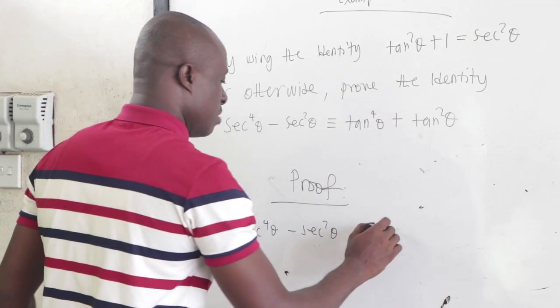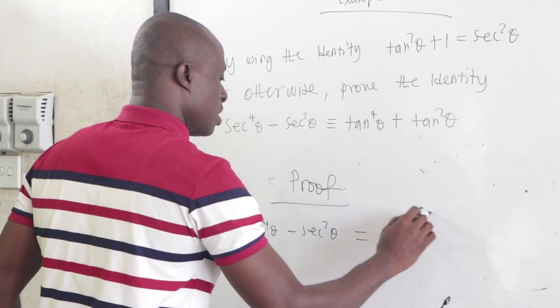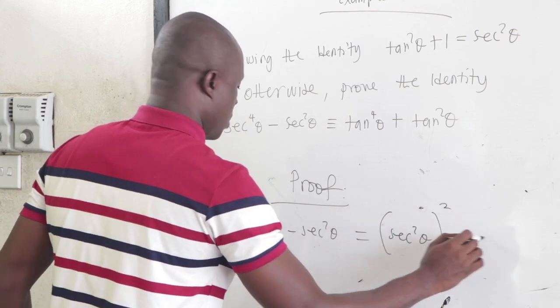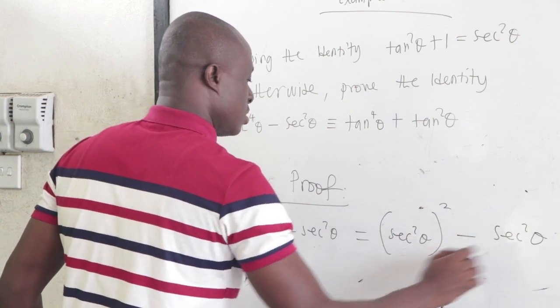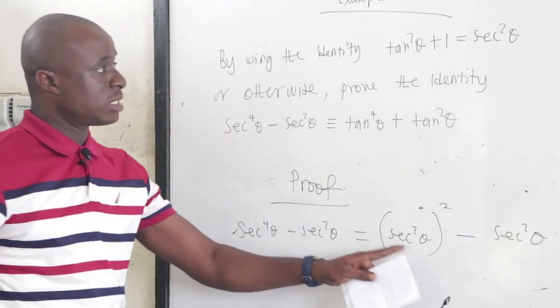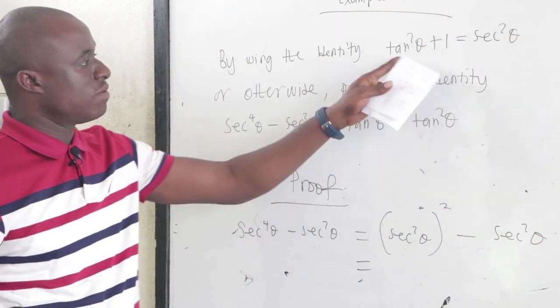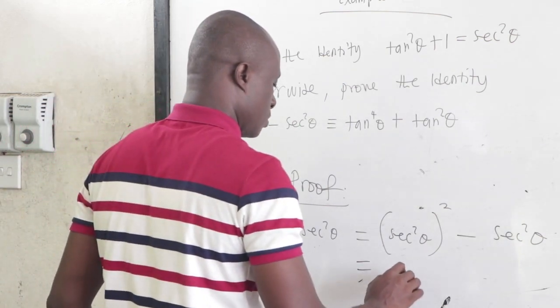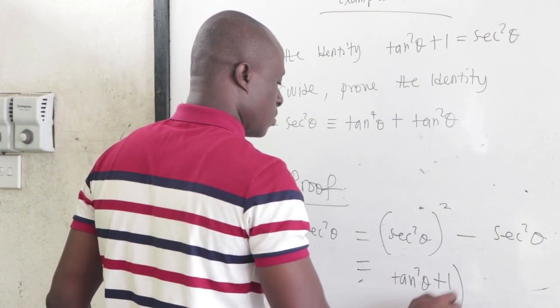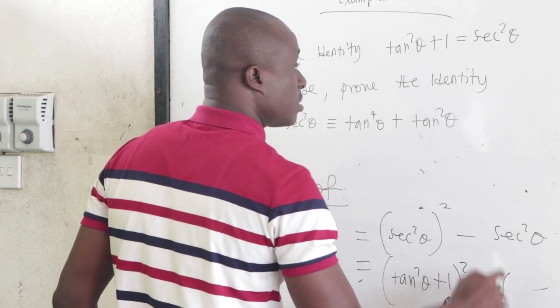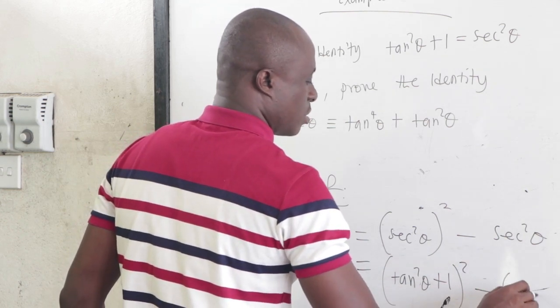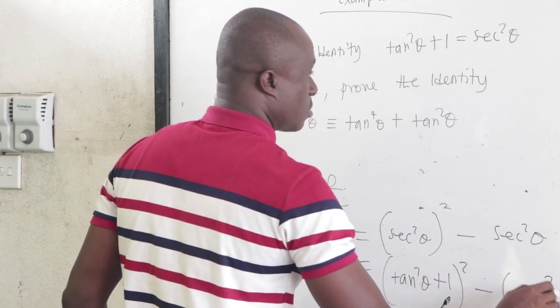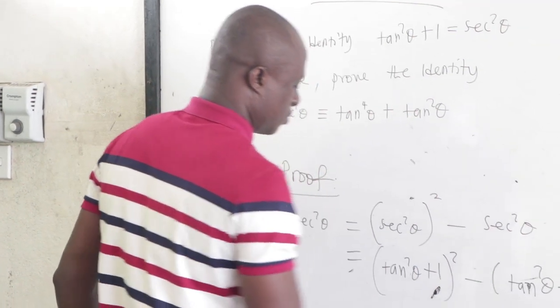So this one is the same as sec squared theta all to the power 2 minus sec squared theta. And now what is sec squared theta? Sec squared theta is given to us as what? Tan squared theta plus 1, all squared, minus sec squared theta, which is what? Tan squared theta plus 1.